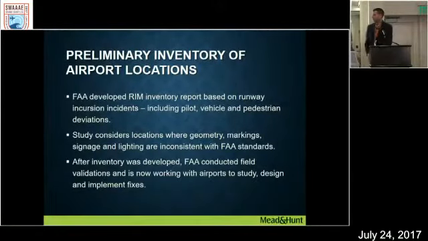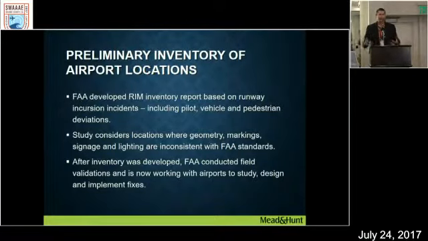Essentially, they prepared a preliminary RIM inventory report based on runway incursion incidents, which included pilot, vehicle, and pedestrian deviations. The report sampled data from 2008 up through 2015. If you had 3 or more incursions in 1 year, or a total of 8 throughout the period, it was an area of the airfield that they wanted to investigate further.